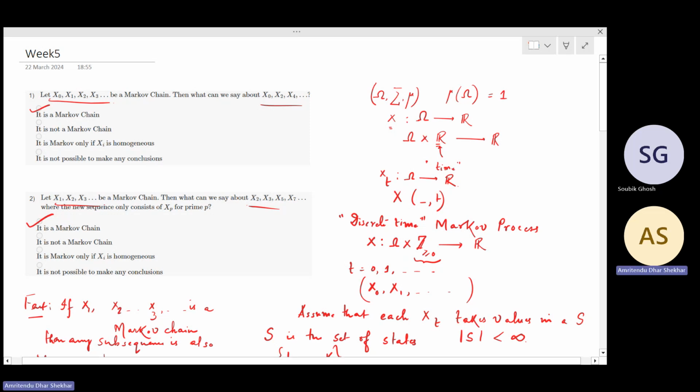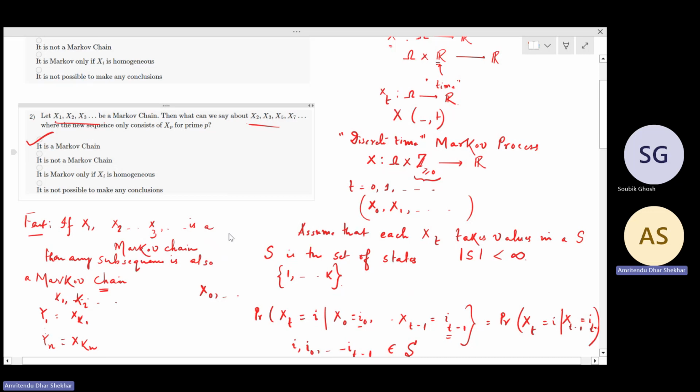The first one will be homogeneous. The second one will not be homogeneous. Because recall the definition of homogeneity.